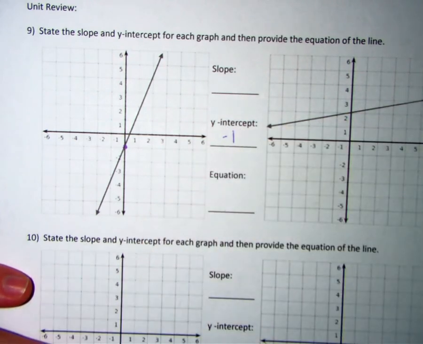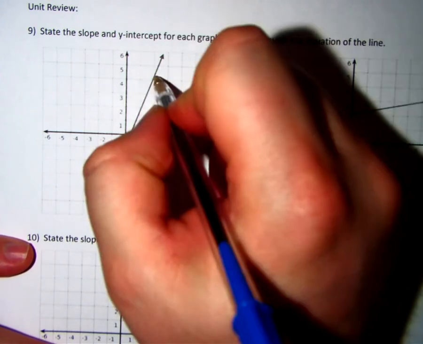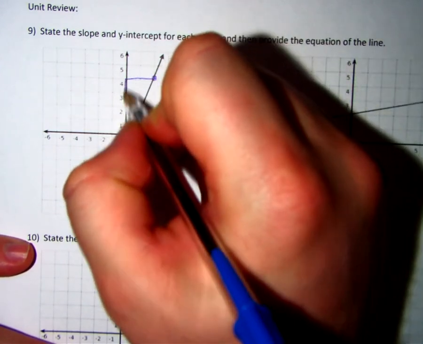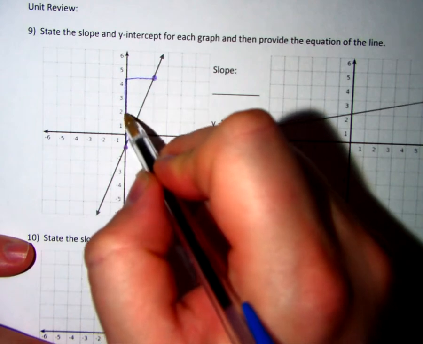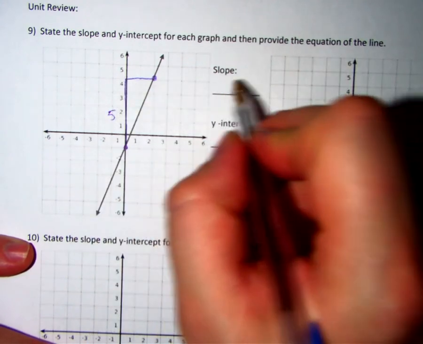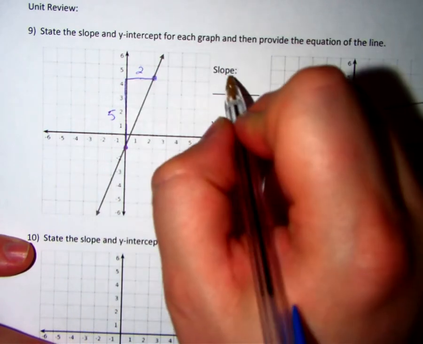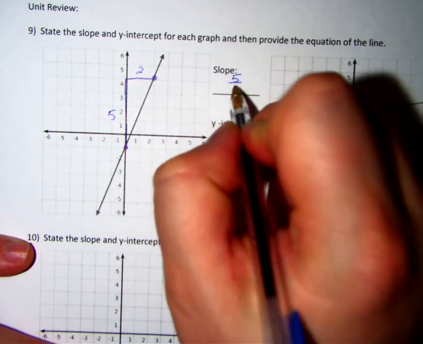It intercepts at 0, -1. It's also fairly easy to determine the slope, so I'm going to find a point where it intersects there, and so that would be an increase of 1, 2, 3, 4, 5, and a run of 1, 2, so my rise of 5, my run of 2.